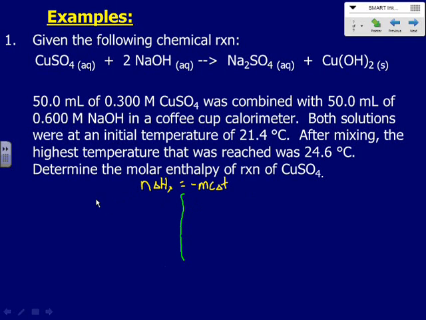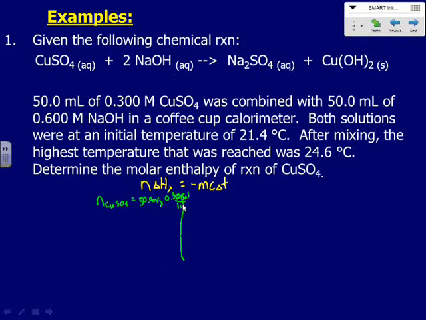So I need moles of copper sulfate, CuSO4. All right? Now notice we have a copper sulfate solution with a concentration. That means we can determine what that is. 50 milliliters times, and sorry that I'm tight for space, but remember molarity is 0.300 moles per 1 liter.